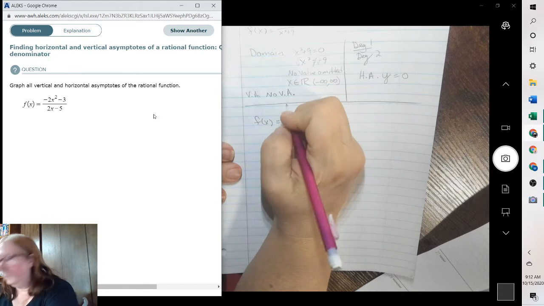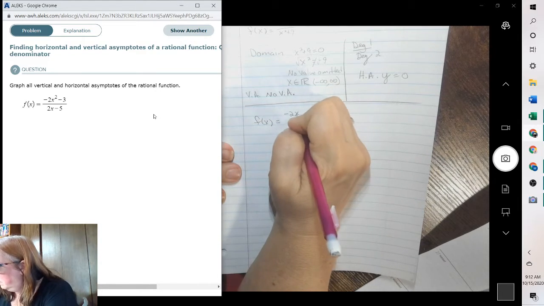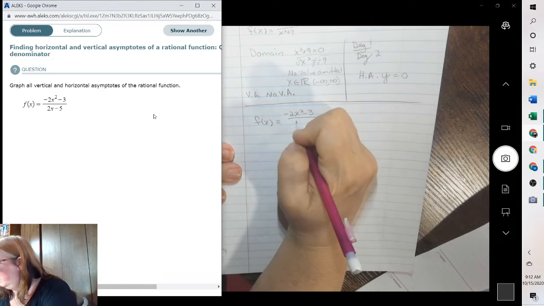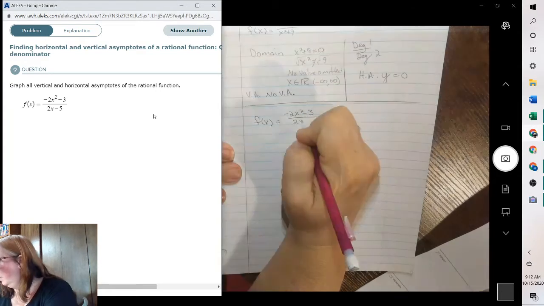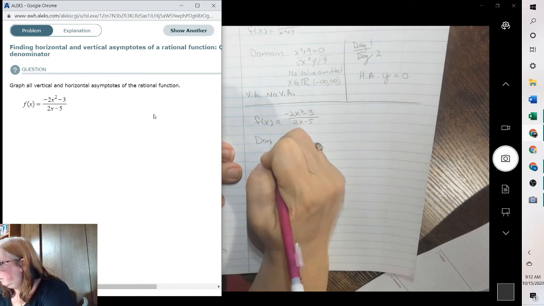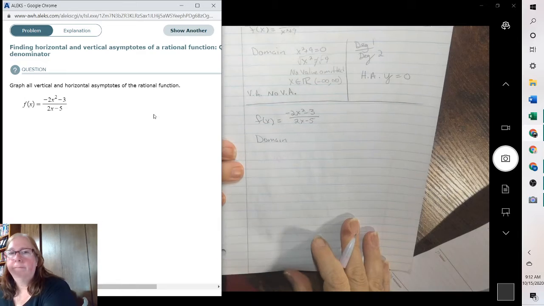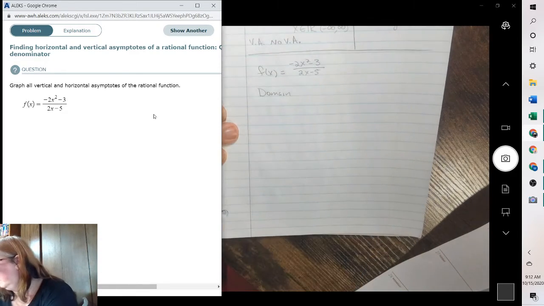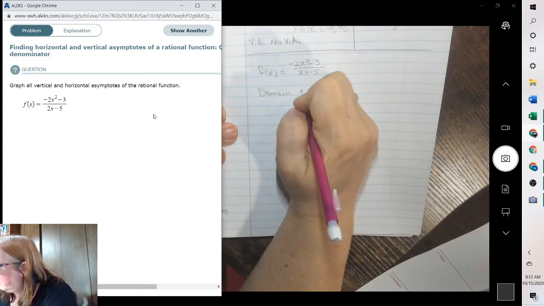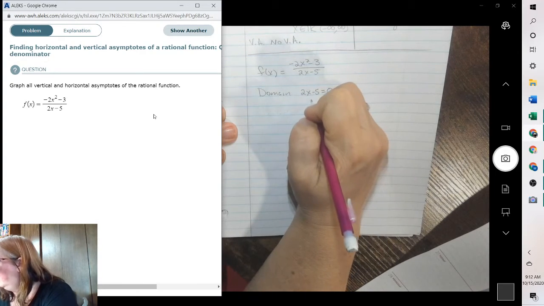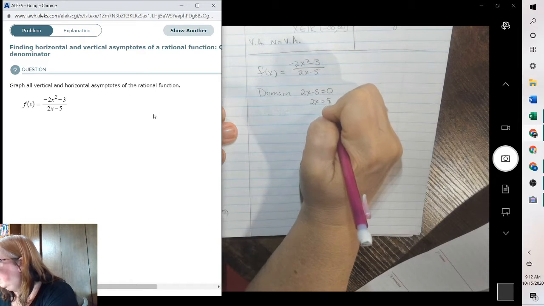Let's try another. Negative 2x squared over 2x minus 5. So on this one, our domain: set 2x minus 5 equal to 0, because we can't have the denominator equal 0.